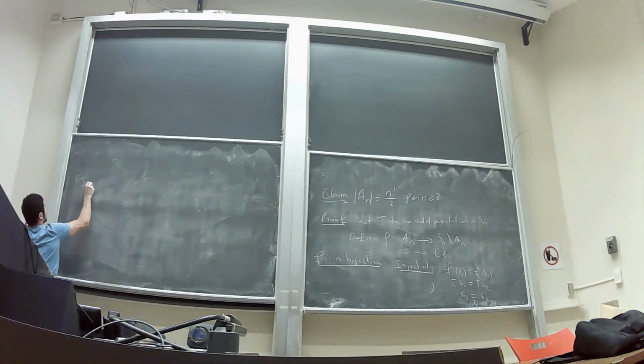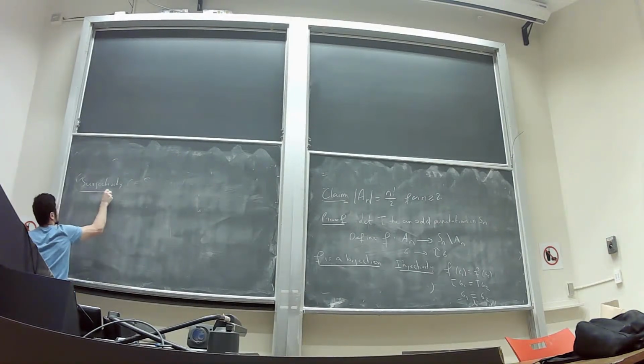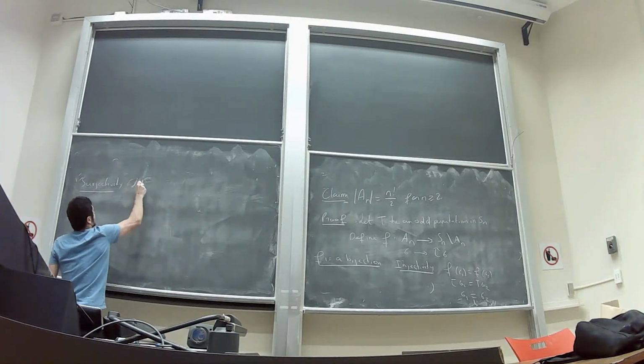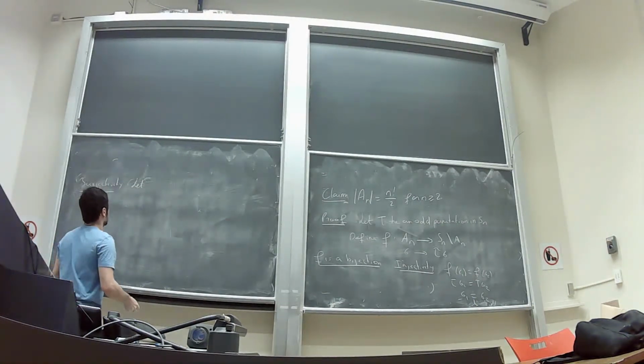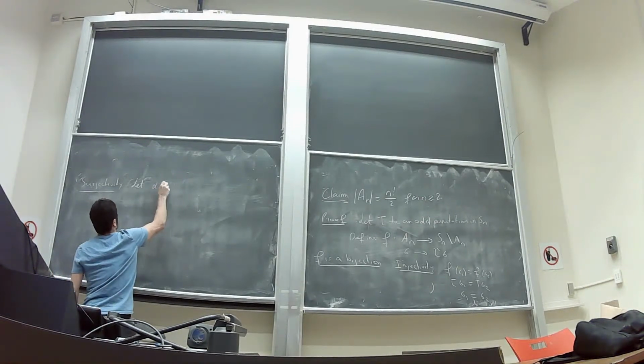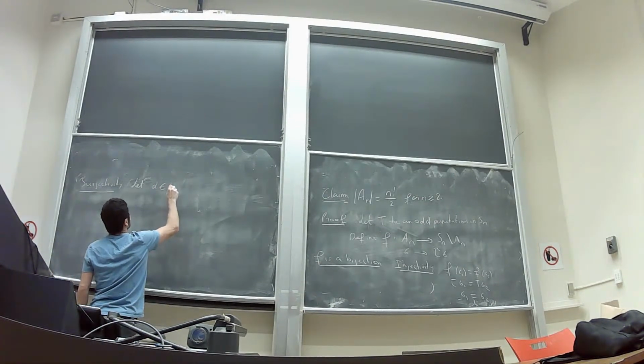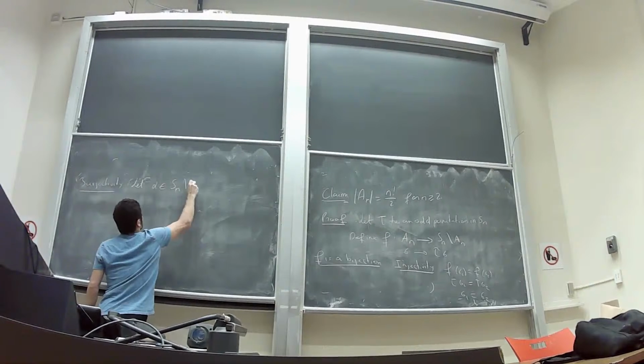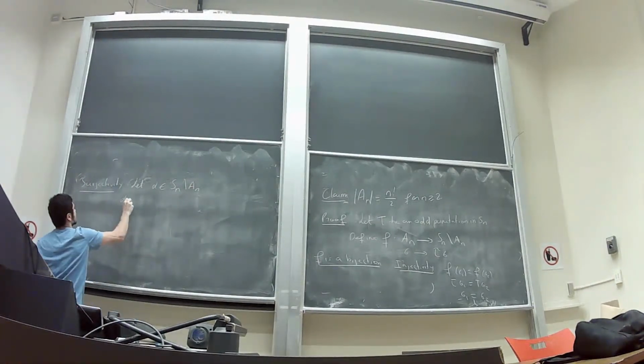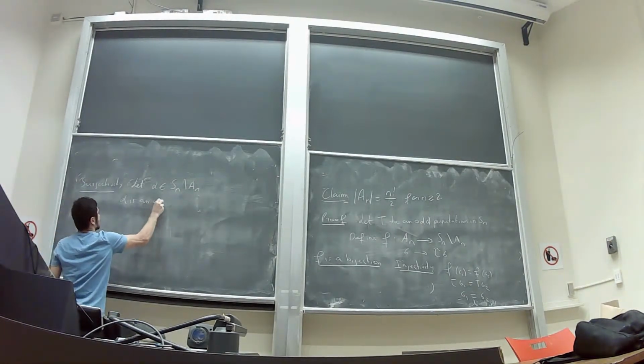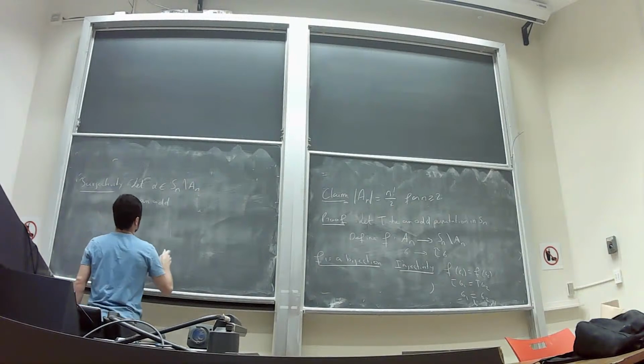Now, surjectivity. Let alpha be in Sn minus An. So alpha is an odd permutation.